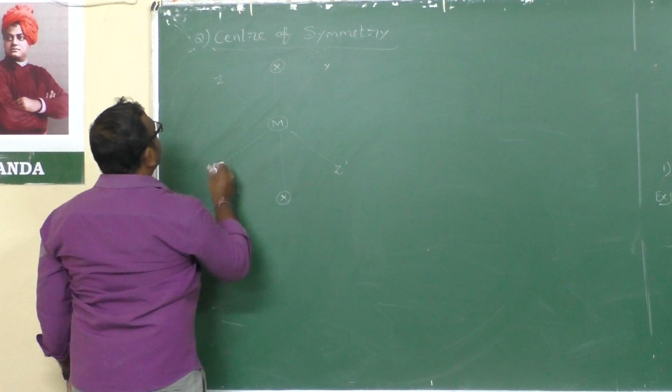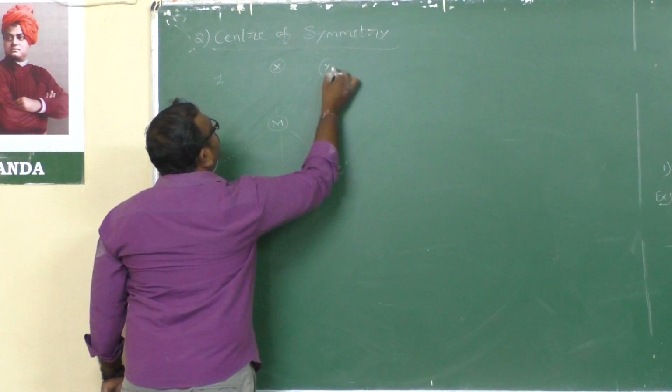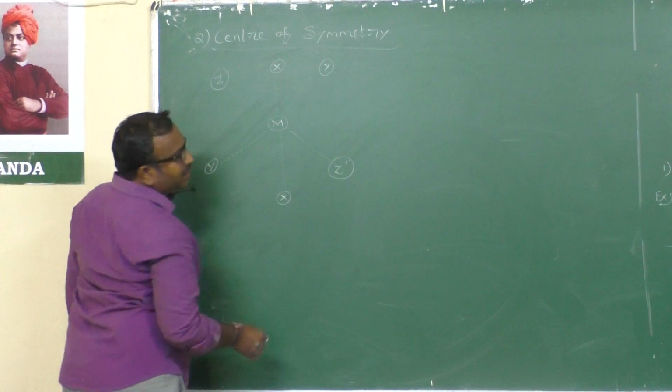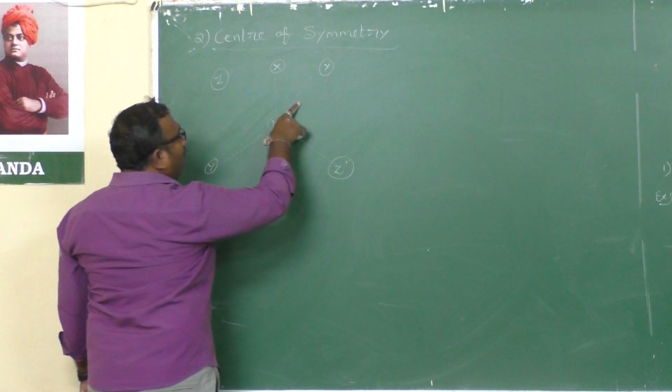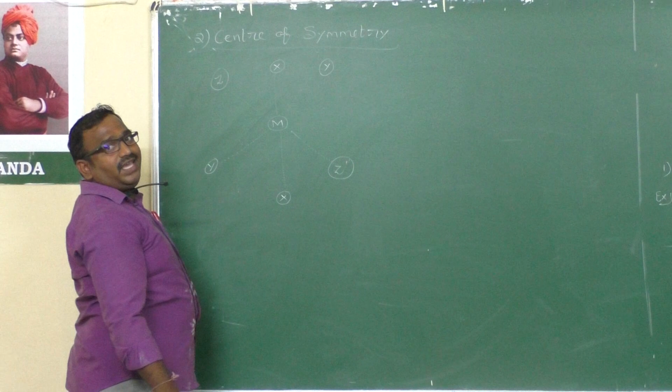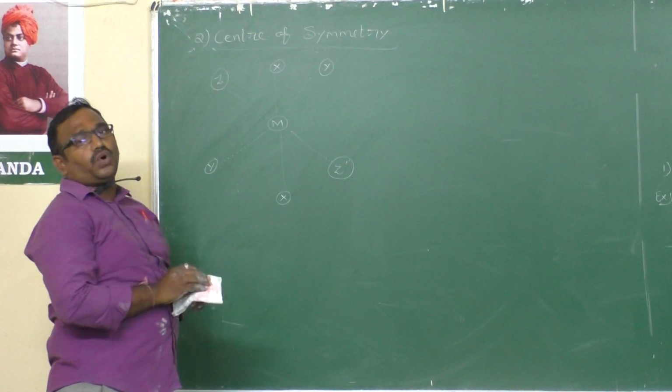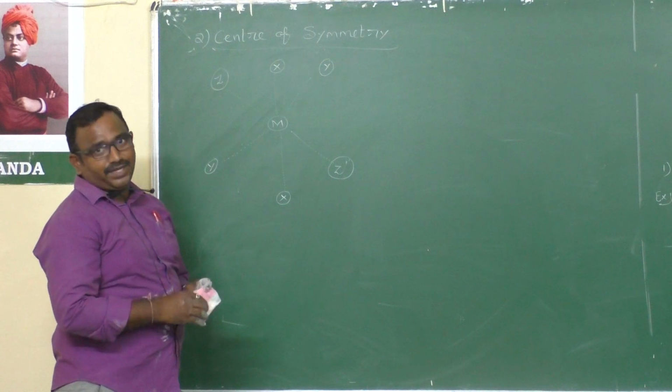Similarly, Y groups are present and Z and Z groups are present in opposite directions with equal distance from the center of the molecule. Such a center is called a center of symmetry.